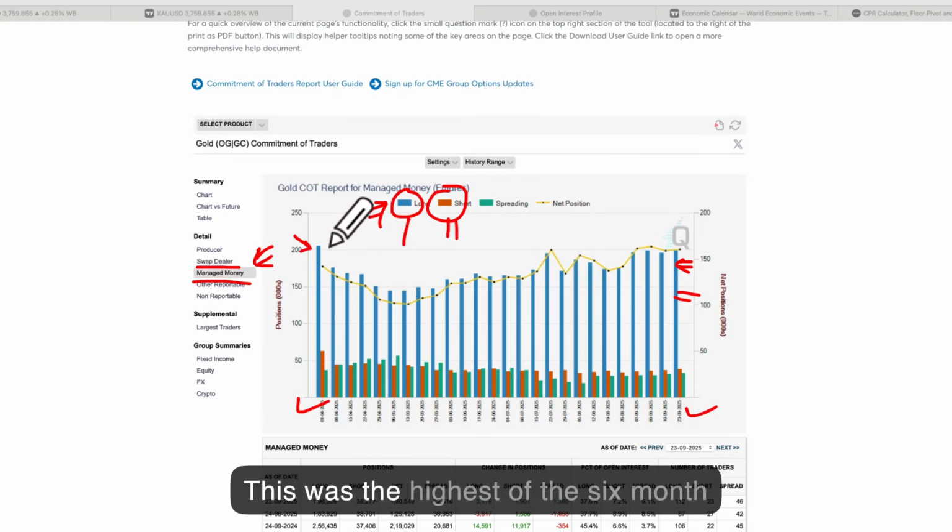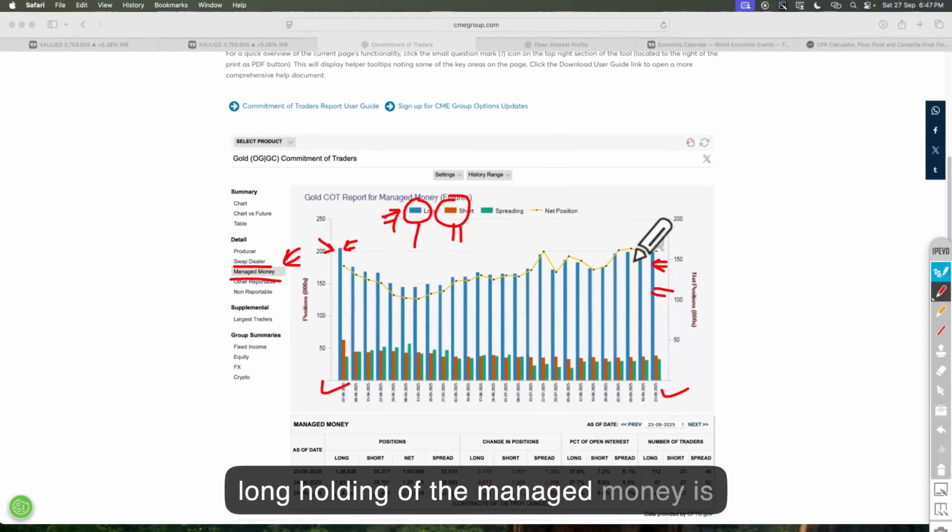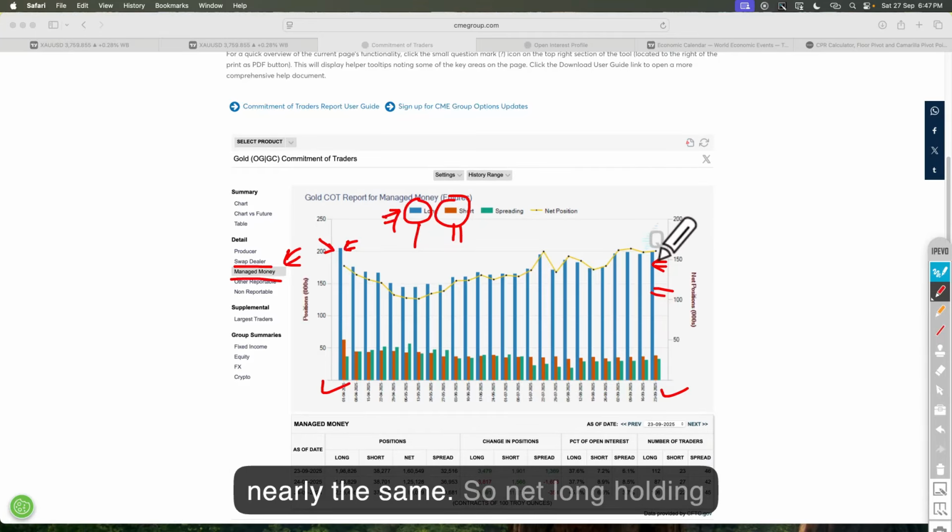That was the highest of the 6 months, and the current net long holding of the managed money is nearly the same. So the net long holding of the managed money looks good.